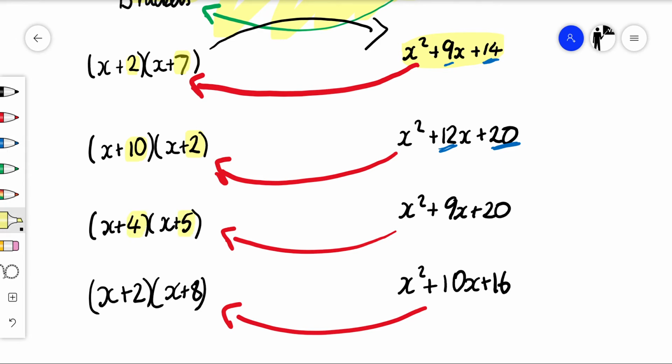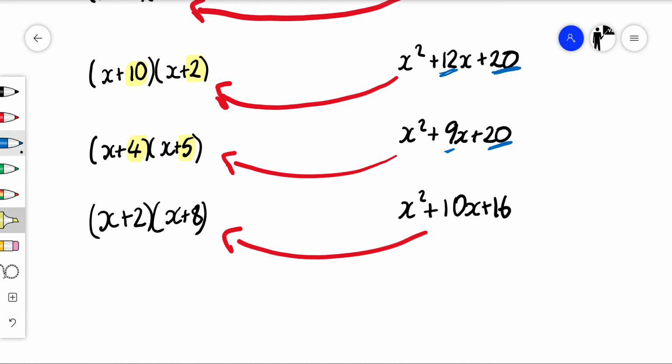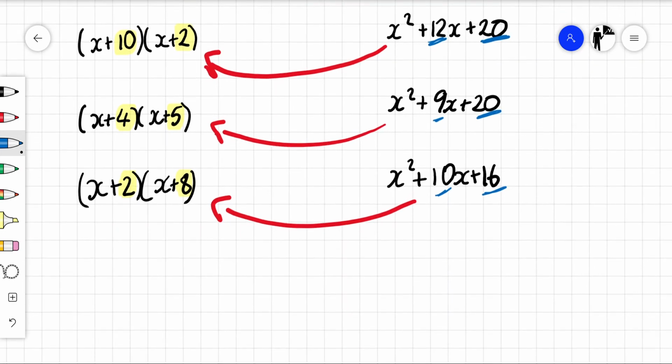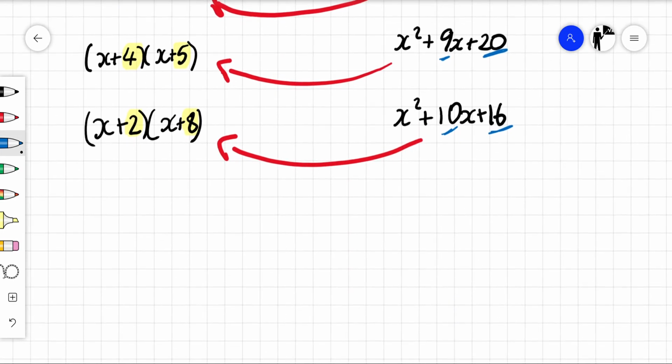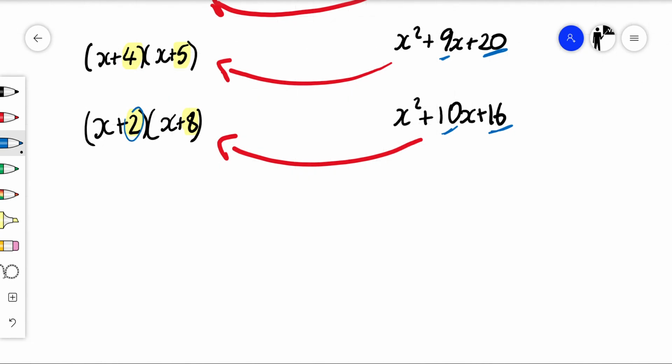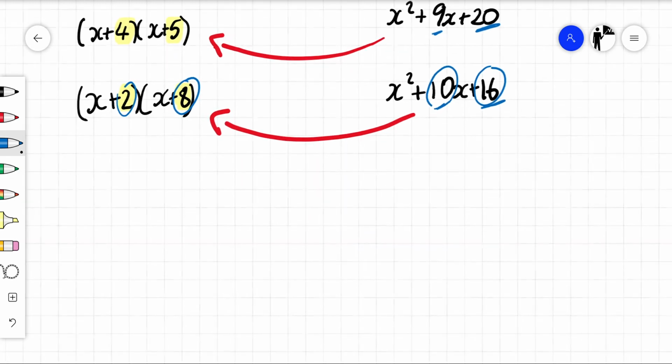Let's have a look at 4 and 5. 4 times 5 is 20, 4 plus 5 is 9. 2 and 8, 2 times 8 is 16. 2 plus 8 is 10. Okay, so there seems to be a connection between these values here and these values here.